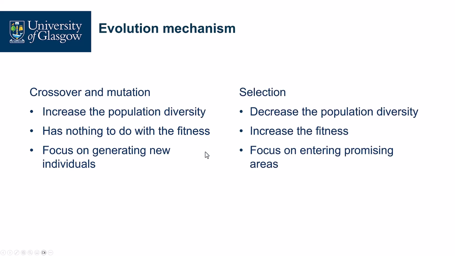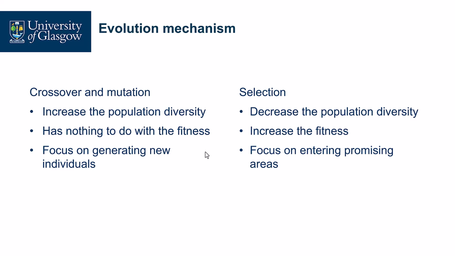Now we can give a summary of the GA, of the evolution mechanism. The evolution mechanism includes crossover, mutation, and selection. They are different, so here we make the comparison. Crossover and mutation are used to increase the population diversity, to generate new candidates.